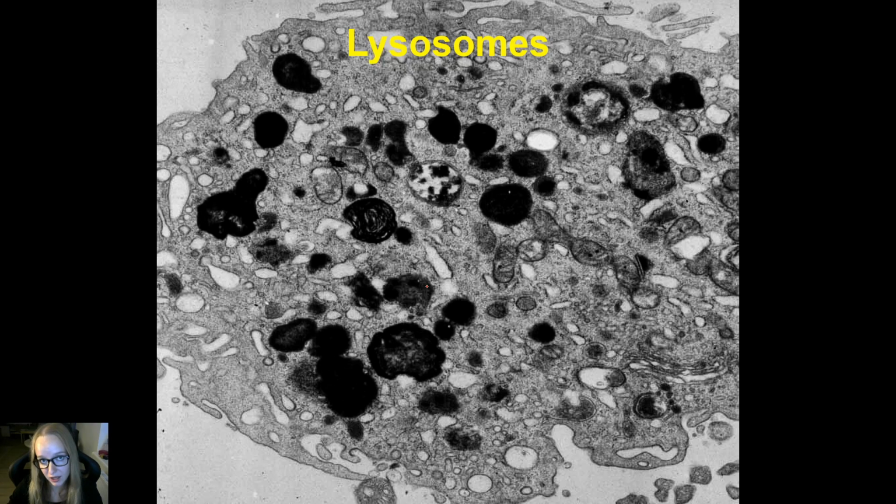The only way we can see lysosomes in light microscopy is to look at azurophilic granules, which are in some cells in the immune system. Normally you can't see lysosomes in light microscopy, but in electron microscopy, which we have a picture of right now, we can see lysosomes.